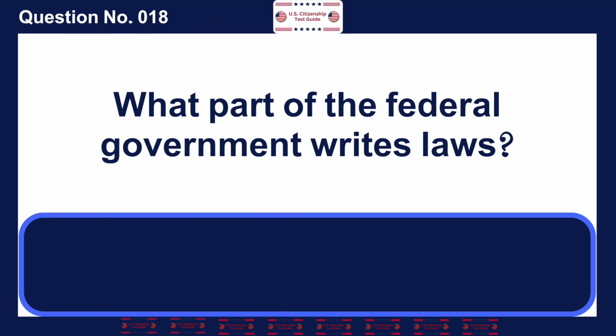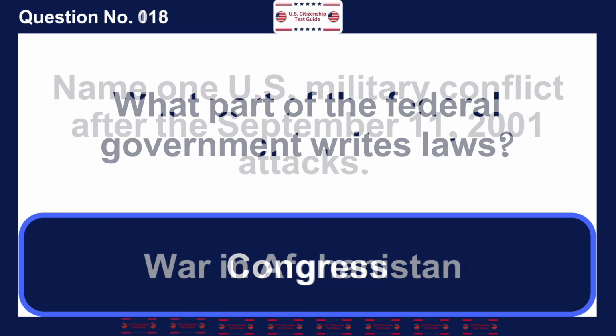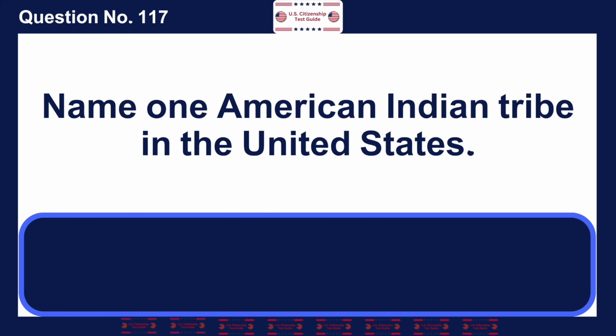What part of the federal government writes laws? U.S. Congress. Name one American Indian tribe in the United States. Cherokee.